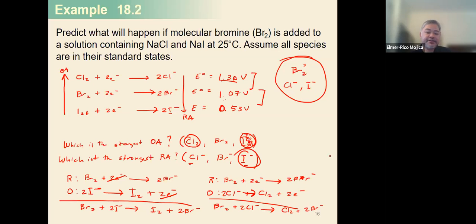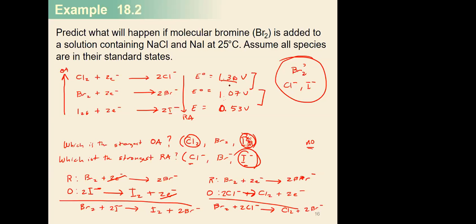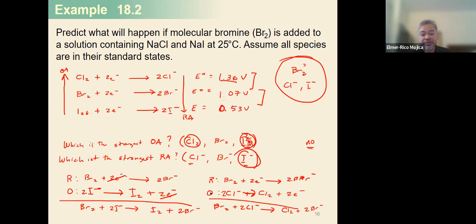The answer is no, it will not happen. Why? Because the reduction potential of bromine is lower compared to that of the chlorine. But you can ask the question, will this reaction happen? Yes, but not spontaneously. Okay?